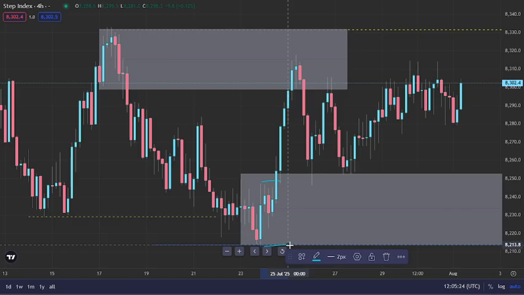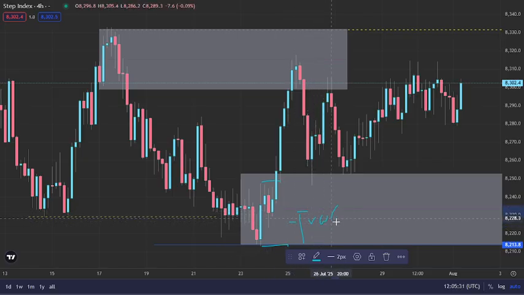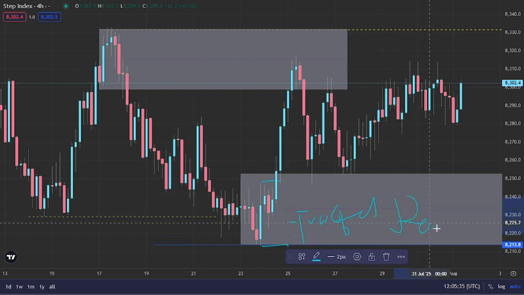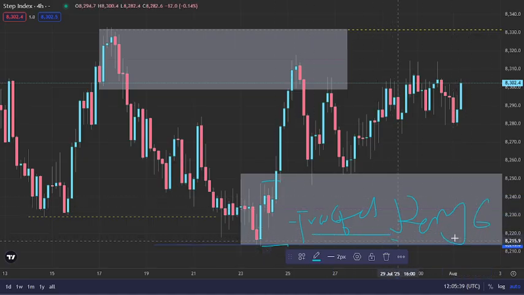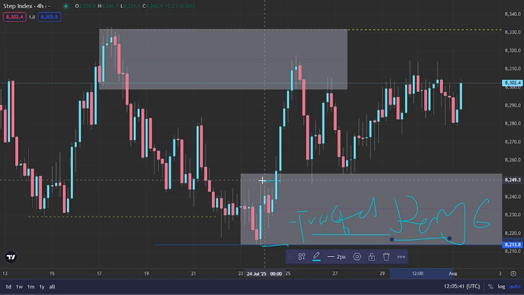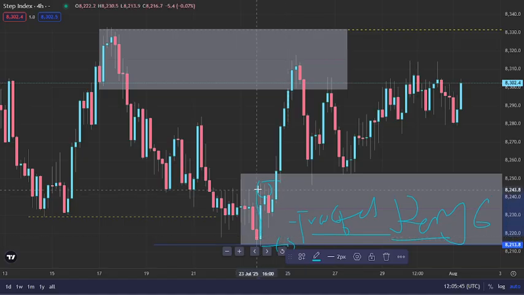So now you'll be trading within this active fractal range. So here's the active fractal range, because we are trading within these highs and within this low. This candle failed to close below.